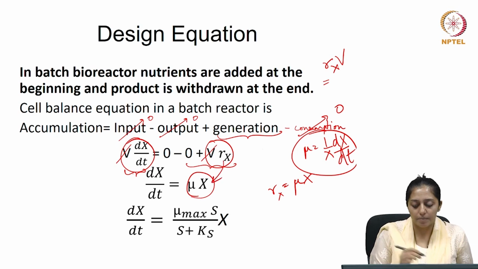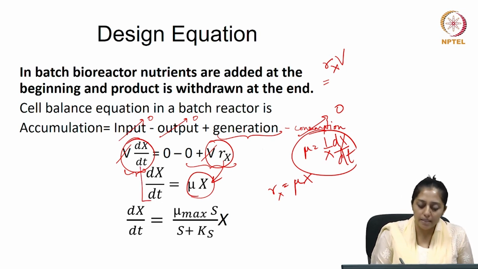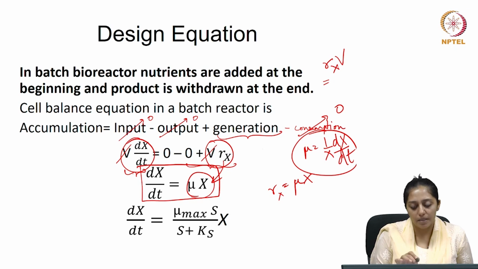The Rx has been substituted as mu times x, and here this dx by dt is your rate at which the accumulation of biomass, the net change in the concentration of the biomass inside the reactor. So, if you remember, I said that for a batch, dx by dt, which here stands for the rate at which the biomass is accumulating inside the reactor, is equal to the growth rate of the culture, which is equal to Rx.